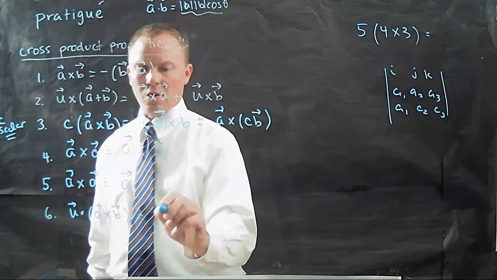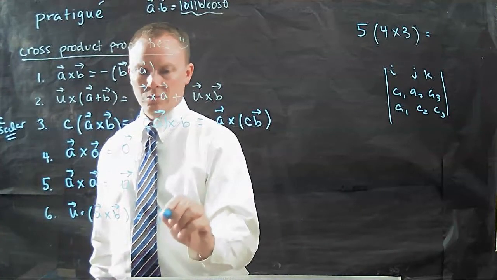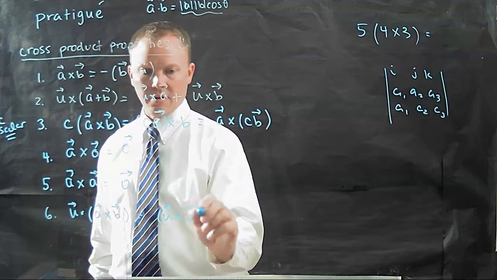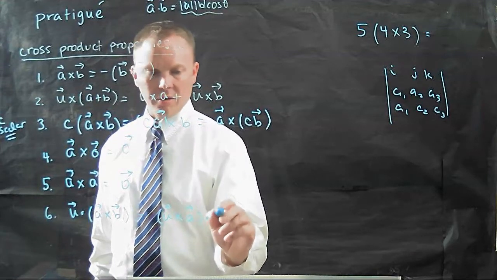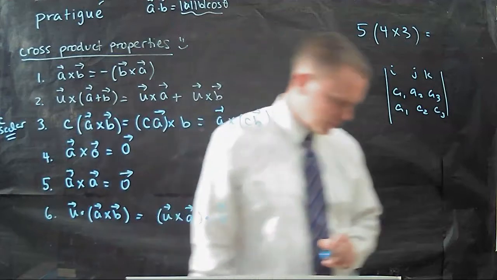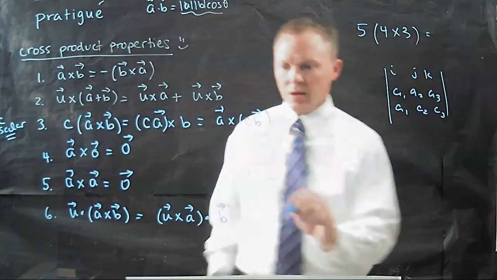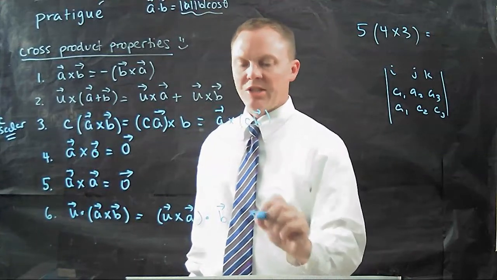This is equal to U cross A dot B. And this has a special name.